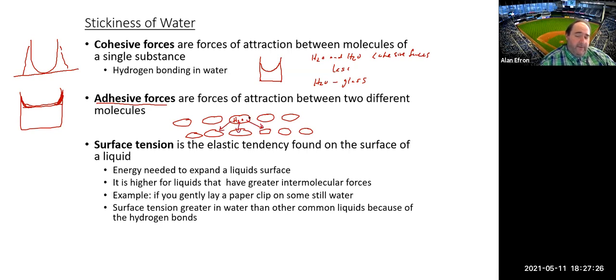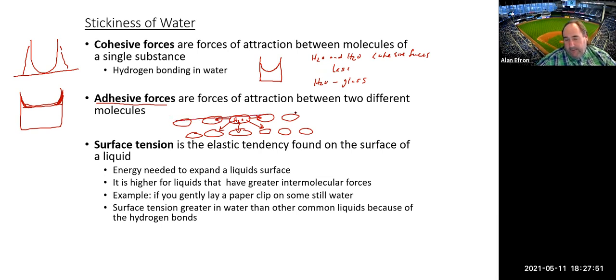It also feels some attractive forces from water molecules to the side of it. So on the surface you have that molecule pulling down and pulling to the side, extending the water level, and that's the surface tension at the surface of that liquid.